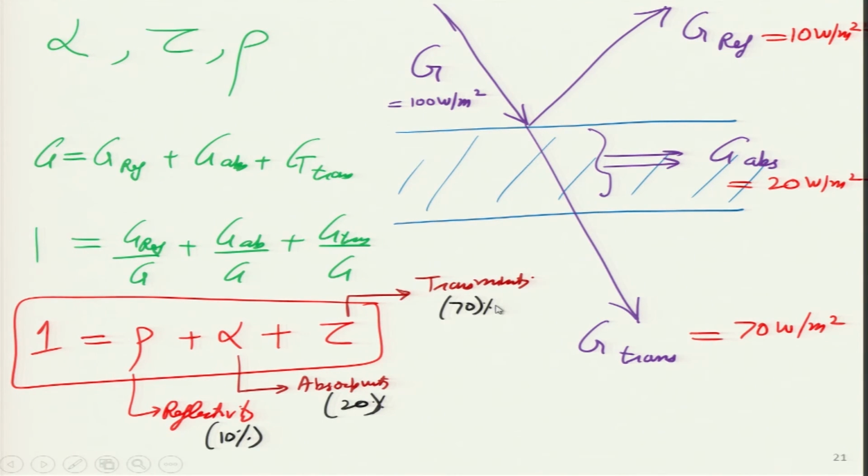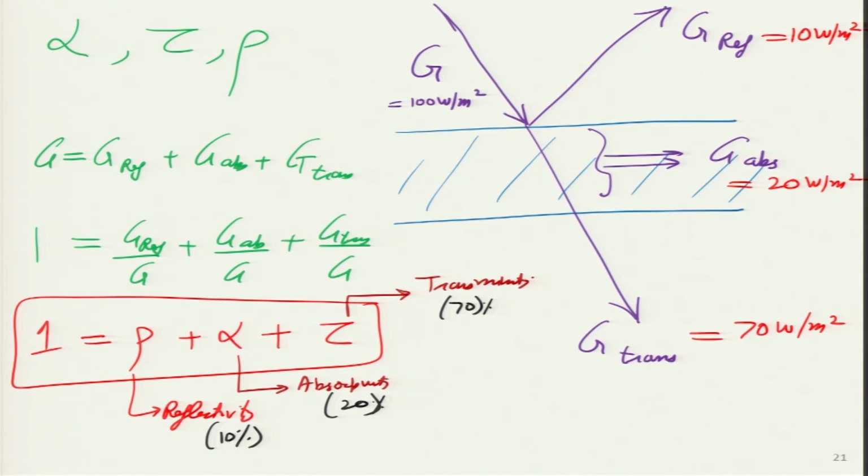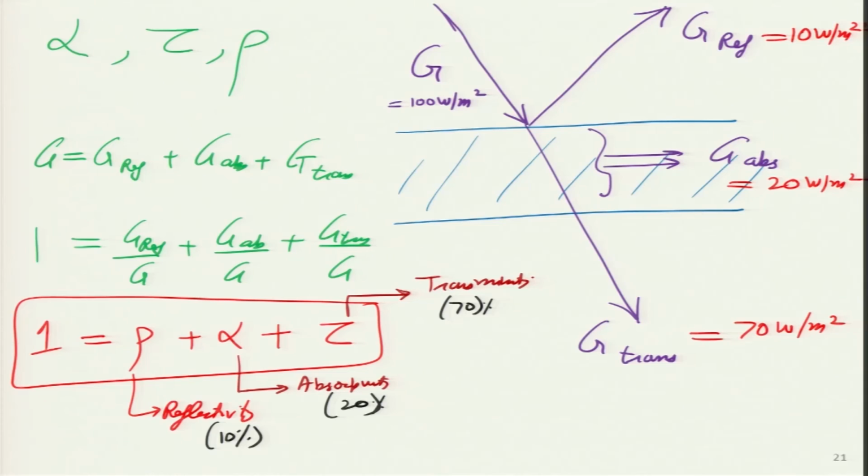Now, I may ask the students, what are some examples that we can give in real life where rho, tau and alpha values kind of vary? So, if you look at my glasses over here, I purchased it from some optical shop. That shopkeeper, the way he has designed it, which values he has to be very careful about. If I want to have very nice vision, very clear vision, what values he has to keep for reflectivity of my glass and absorptivity?